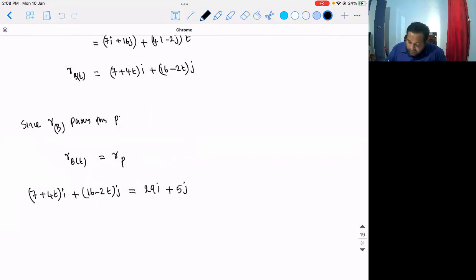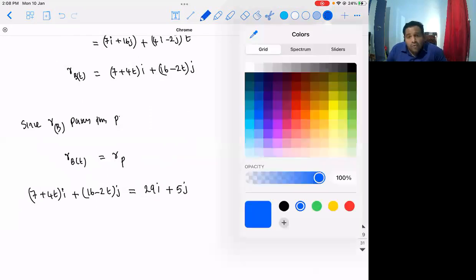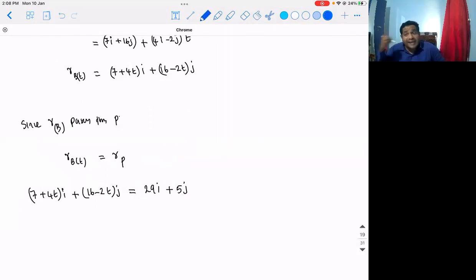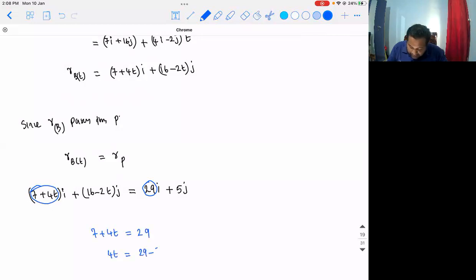Then what we can do is a very simple thing. We equate the coefficients of i. So 7 + 4t equals 29, or 4t is 29 minus 7, that is 22.